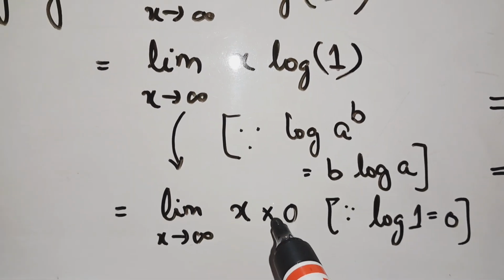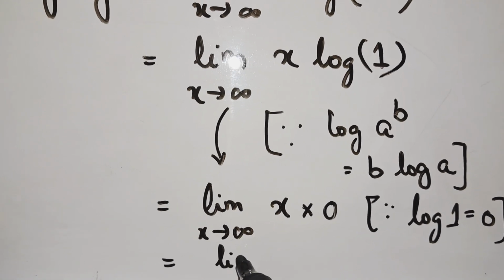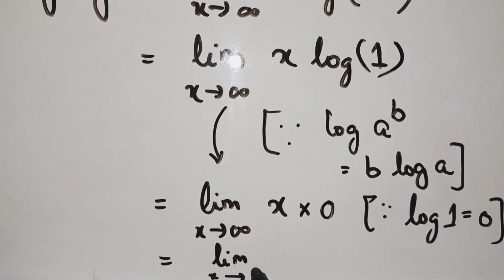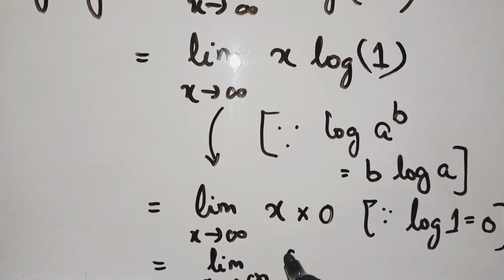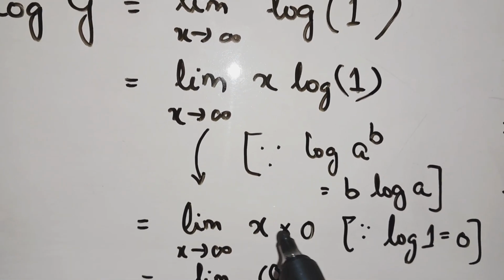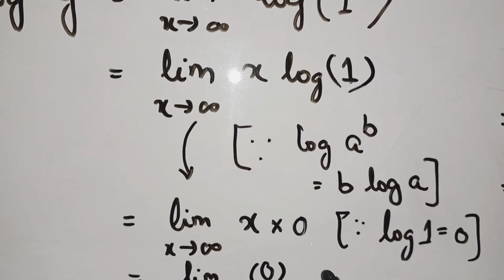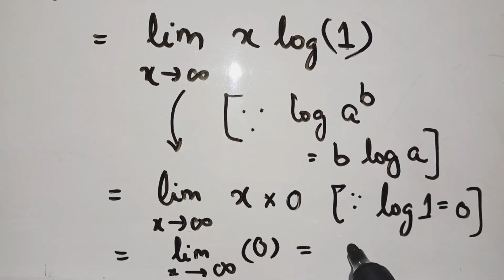Log 1 is 0. So putting log 1 equals 0, we will get limit x tending to infinity of x into 0, which is nothing but 0.